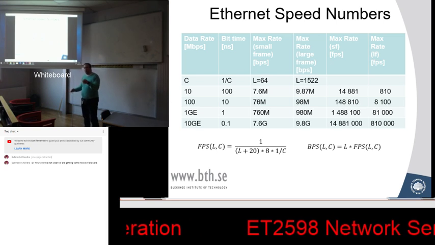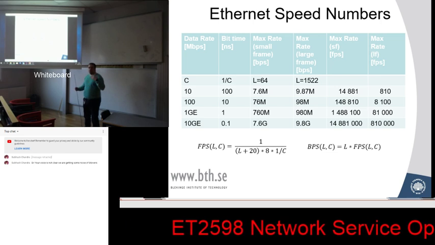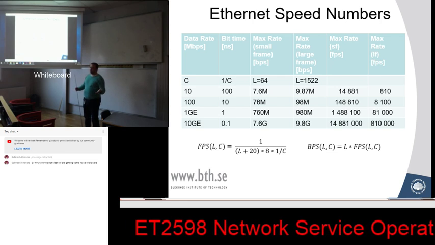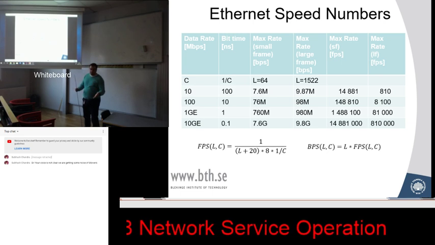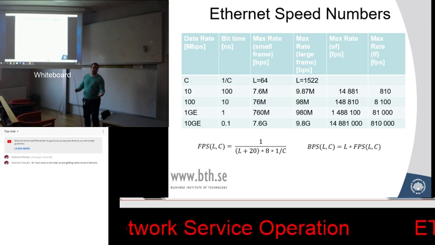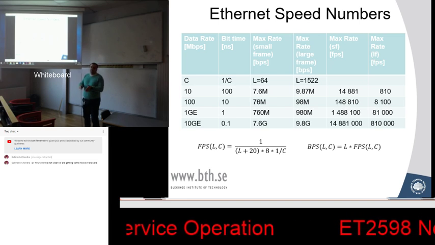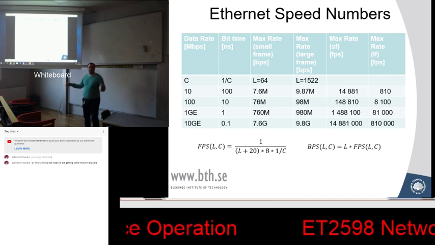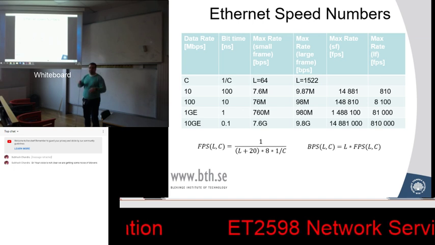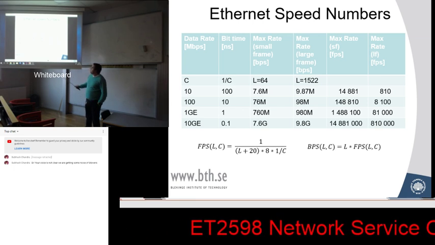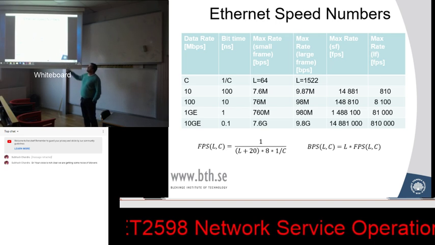We're always transmitting at line rate, either 100 megabits, a gigabit, or 100 gigabits. Then the amount of silence between the frames lowers our average transmission rate. So, for that reason, we have two different max rates.